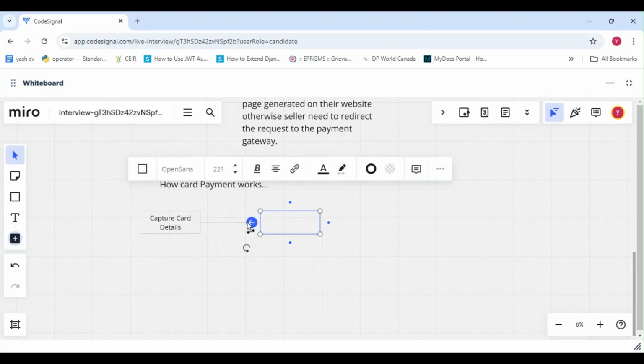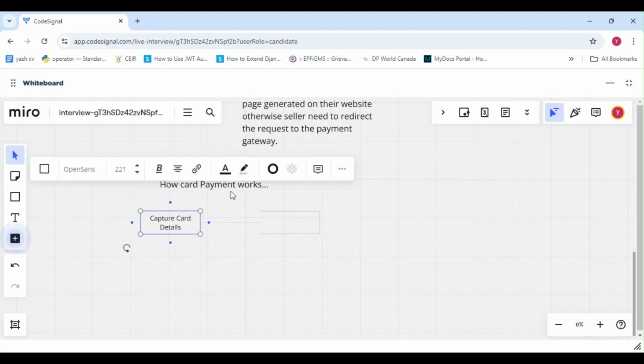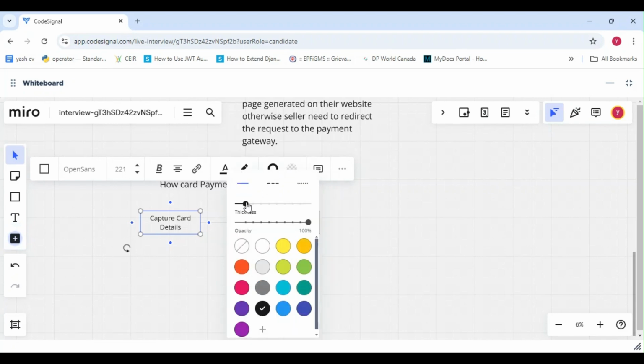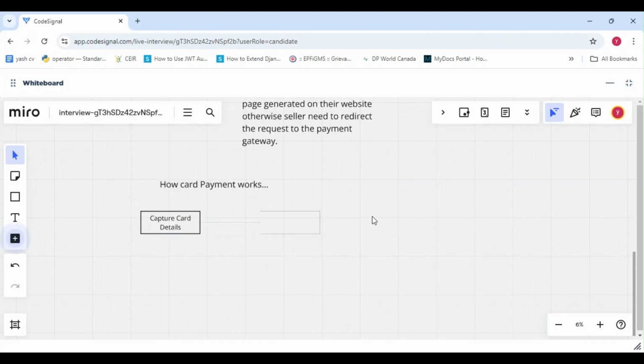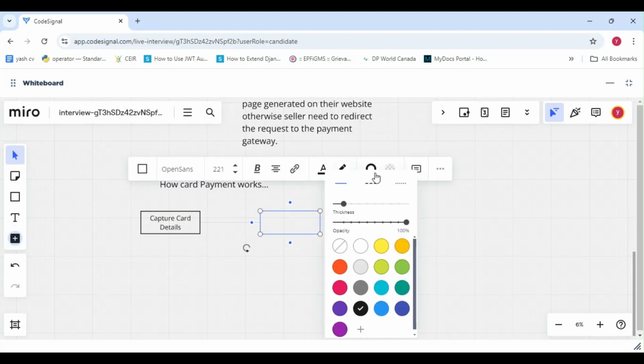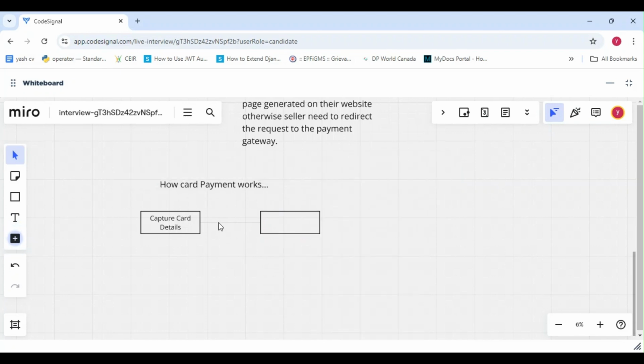Then, let me highlight this thing. Thickness, okay. Here also thickness. Here also.